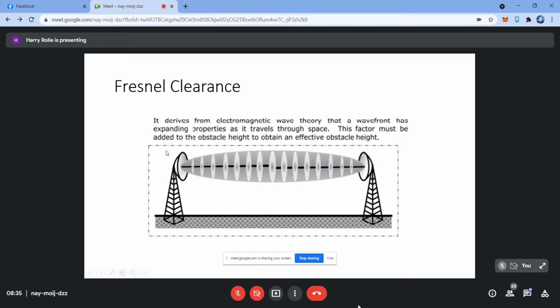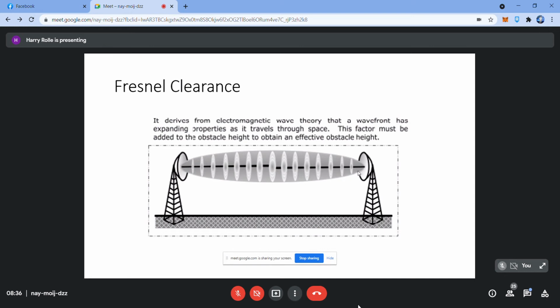Kung papansinin niyo, para siyang ellipse, kaya lang three-dimensional yung ellipse niya. Siya yung naka-discover na pag binabalibag natin yung signal, lumalaki yung area from the start hanggang sa gitna, which is the highest or the biggest area. Tapos afterwards, liliit uli hanggang sa makapunta sa dulo.